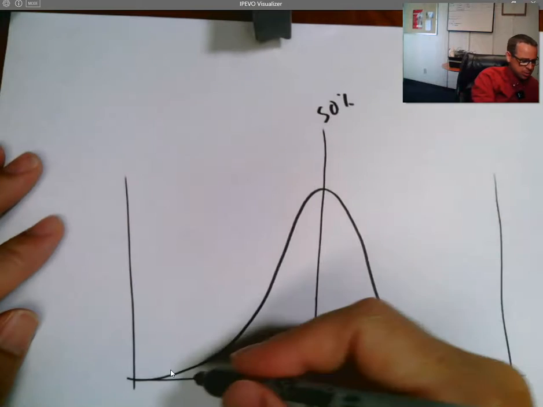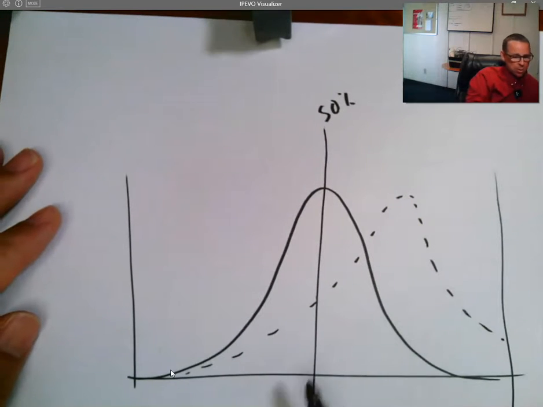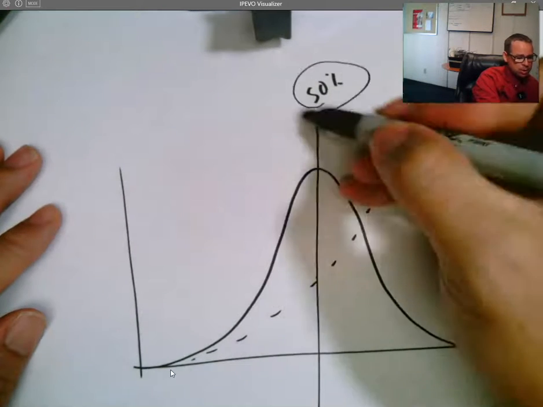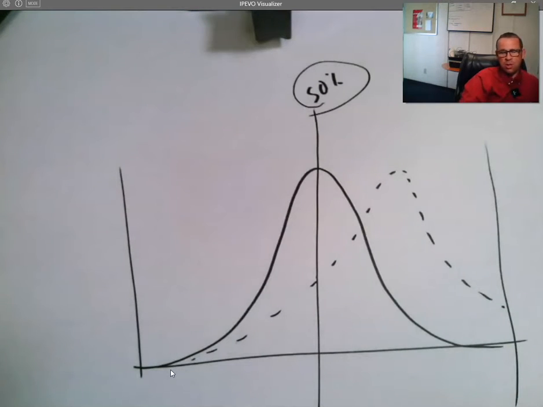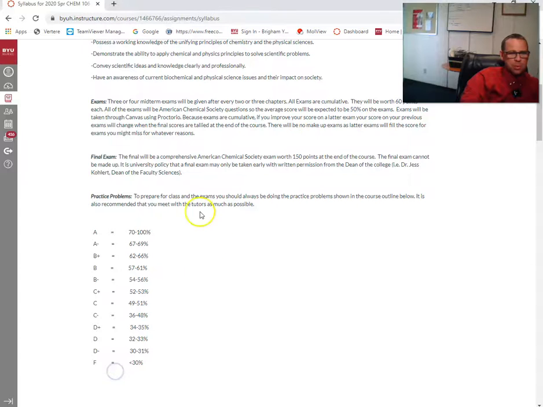If you had an average around 75%, then you wouldn't have a normal distribution, right? So we're using standardized questions, so the average of your exams should be around 50%. And what that means is your score in the class is not like a typical class where 75% is considered a C. We have a C being at 50%. So an average student in the class should be getting around 50% on their exams. Okay?